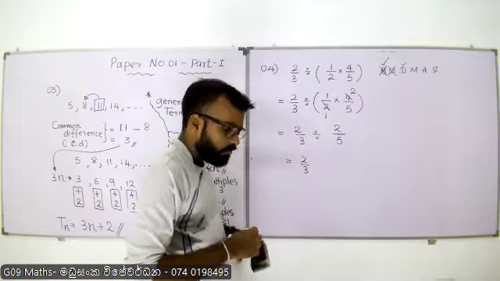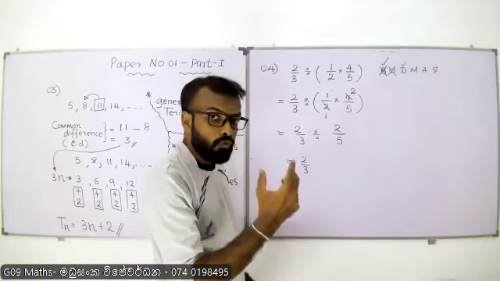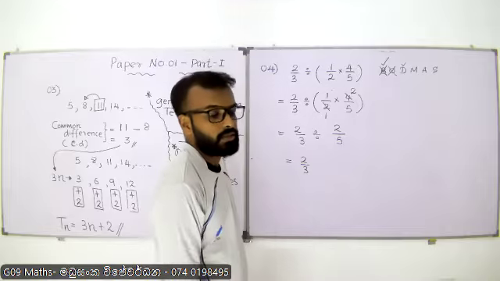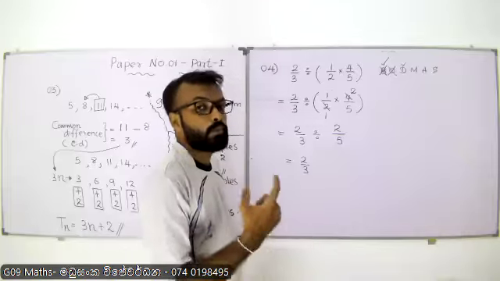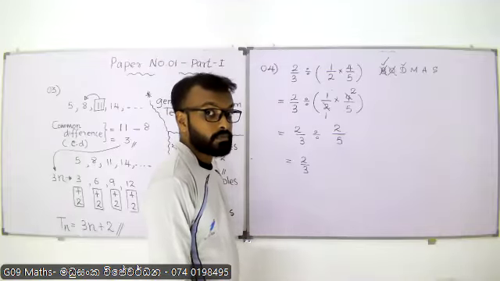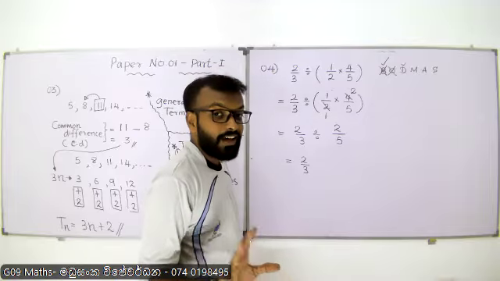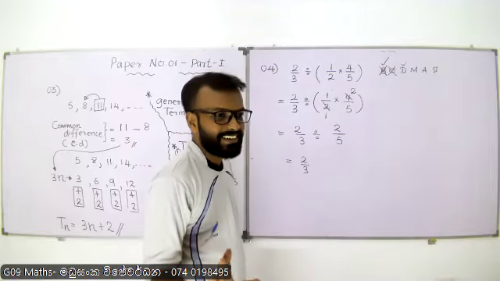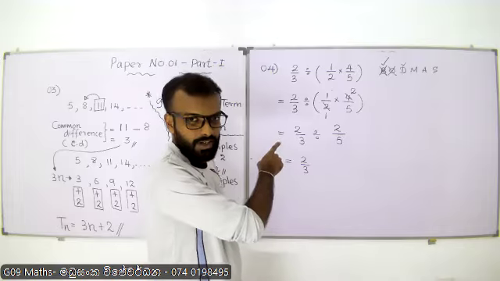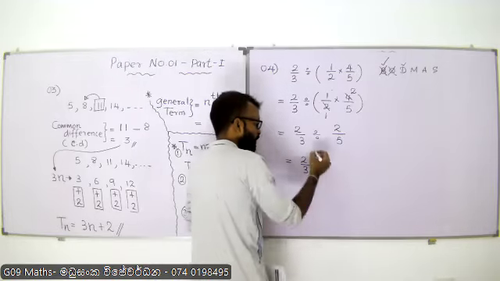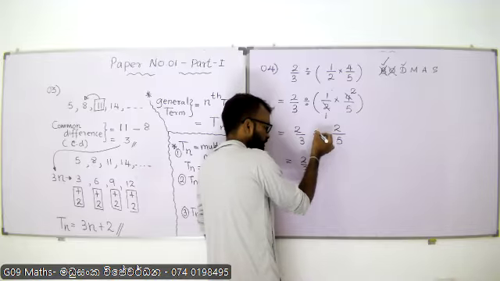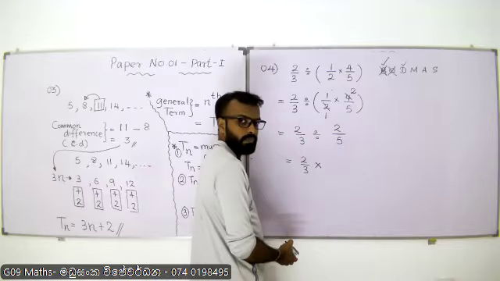Division can be converted into what operation? Which operation? Division can be converted in which operation? Yes, I know you know this one, right? So I'm going to convert this division into multiplication.